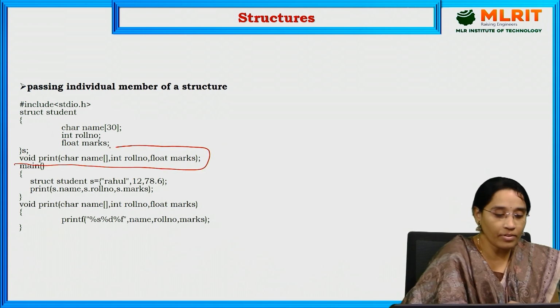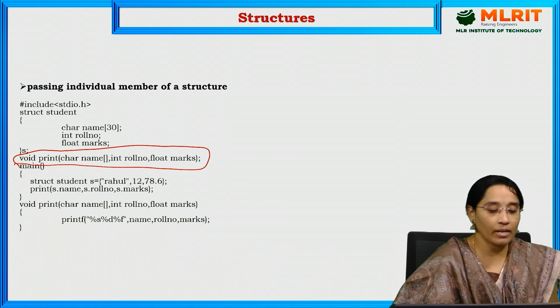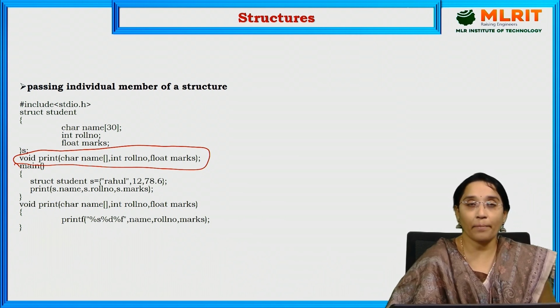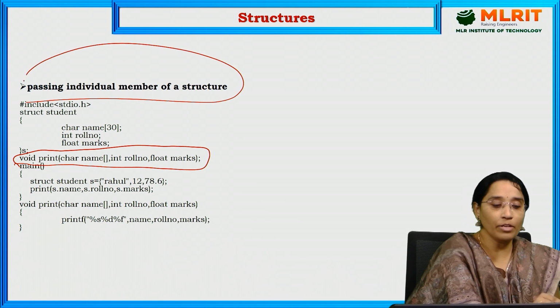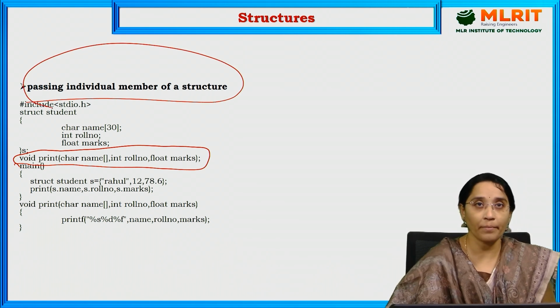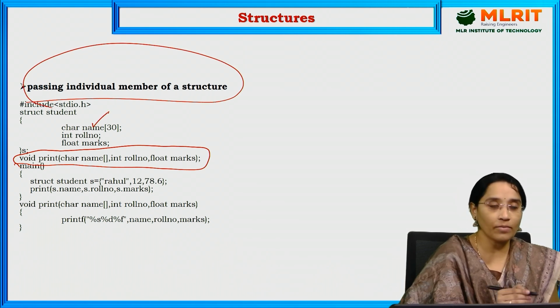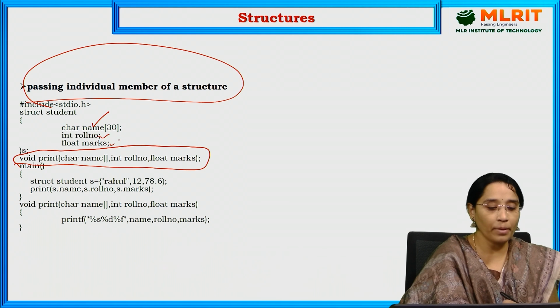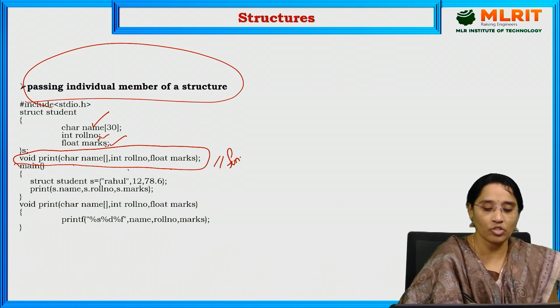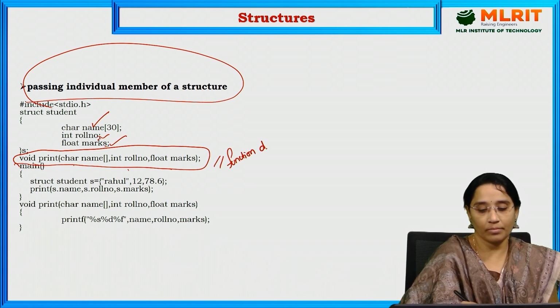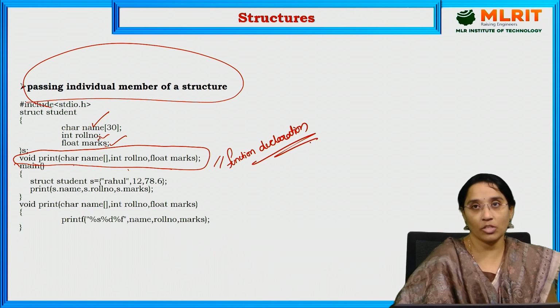In the function declaration, if you observe clearly, how will you pass the parameters? This category is passing individual members of a structure. The members of the structure are name, roll number and marks, and the same you will pass: char name, int rollnumber, float marks. This is your function declaration.